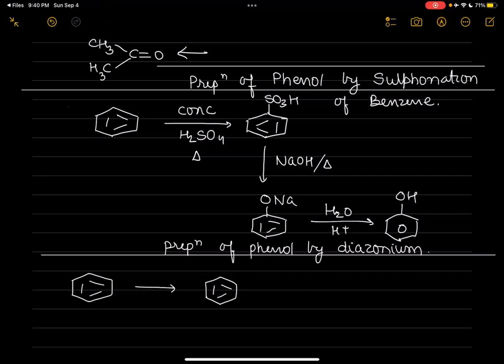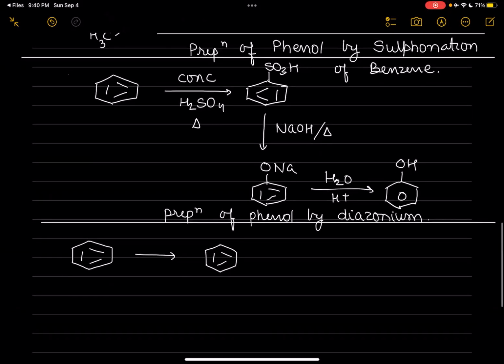Okay, good. So first, how do you prepare benzene diazonium salt from benzene? Yeah, NaNO2, but first of all you need nitrobenzene.